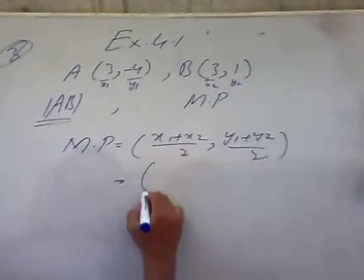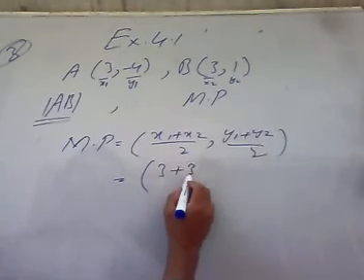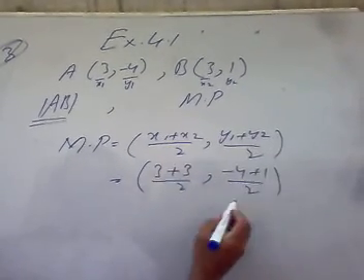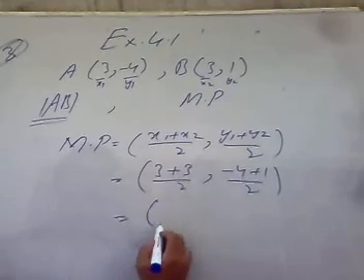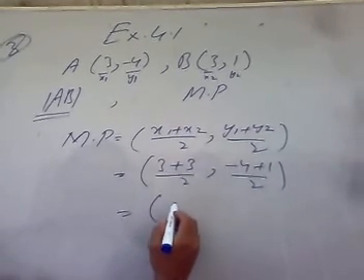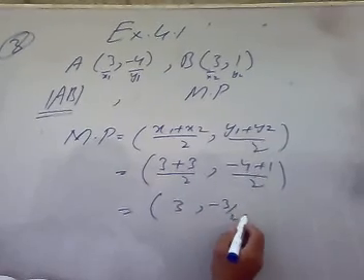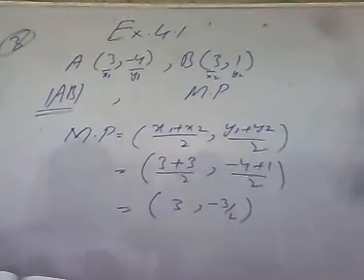Using these values we will get (3 plus 3) by 2 comma (-4 plus 1) by 2. So the midpoint between A and B will be 6 by 2, that is 3, and here we will get minus 3 by 2. So this is the midpoint between these 2 points.